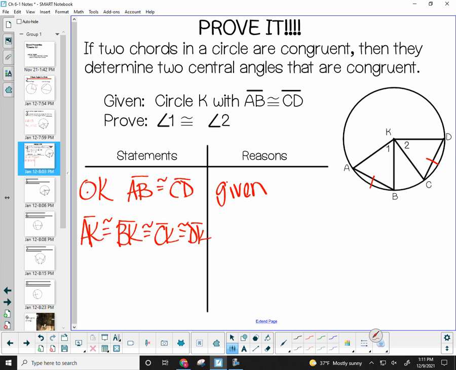AK is congruent to BK, which is congruent to CK, which is congruent to DK. The nice thing about that is then I can mix and match however I want without having to write a whole bunch of congruency statements. So I took care of them all in one fell swoop. All right, so now I'll mark all those as being congruent.